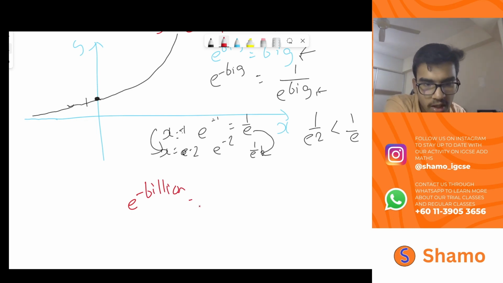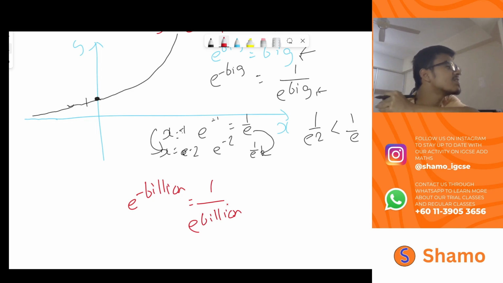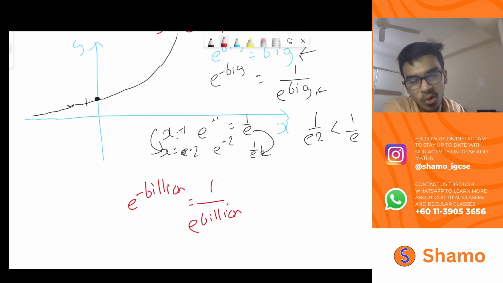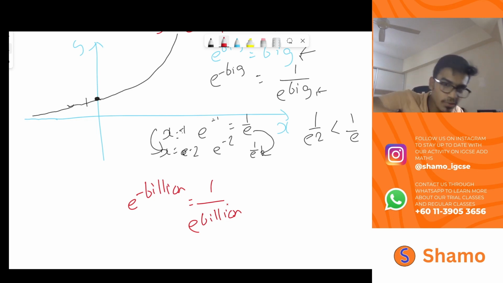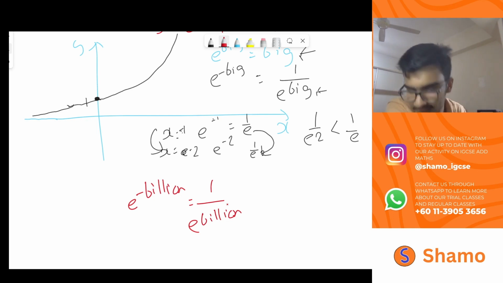That's the same as 1 over e to the power billion. e to the power billion is an extremely large number. 1 over an extremely large number is an extremely small number, but an extremely small number is not equal to 0. So it's becoming closer and closer to 0. You can add the closer as many times as you would like, but it will still not reach 0.